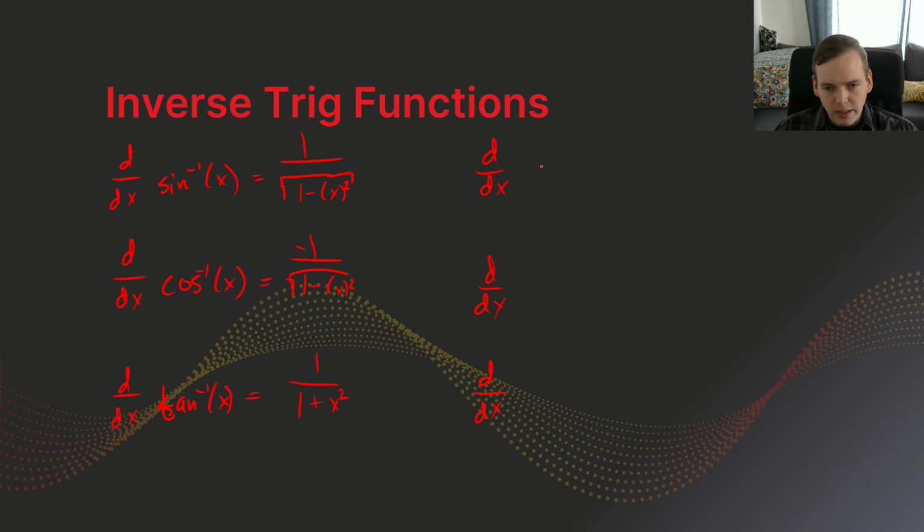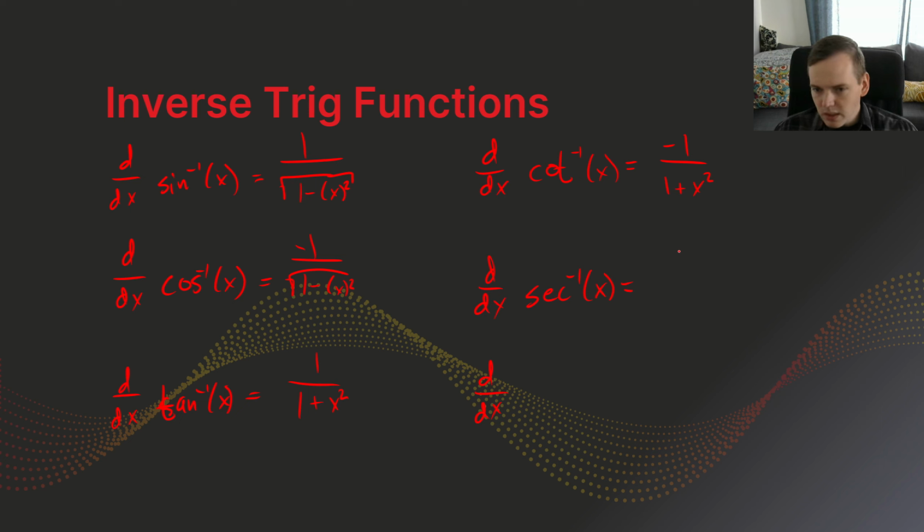cotangent, cosecant, and secant. Cotangent inverse of x is, and as you can see, I'm referring to my notes because I don't remember them because, as I said, I don't think this is super critical for you to have these memorized.